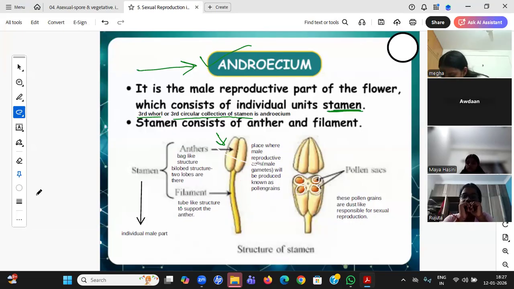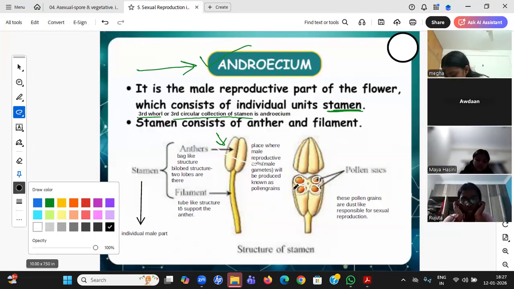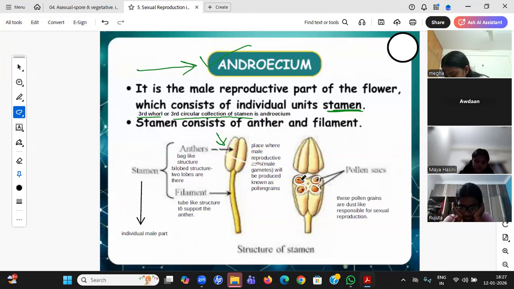In the bags, we have pollen grains. These pollen grains are the reproductive cells, gametes, sex cells in the flower, the male sex cells. So when you break this anther, inside the bags we have sex cells, or pollen grains.